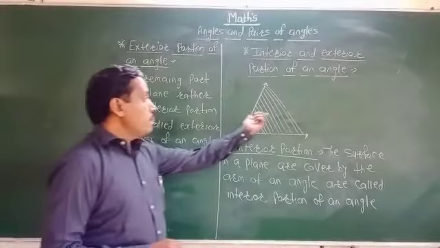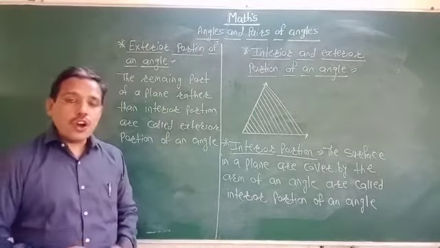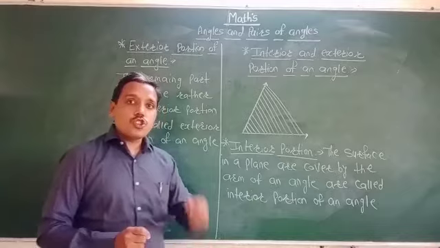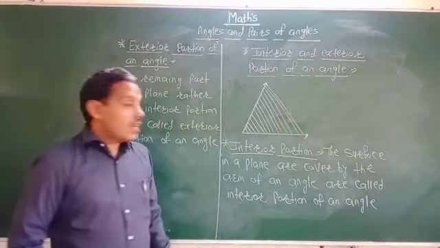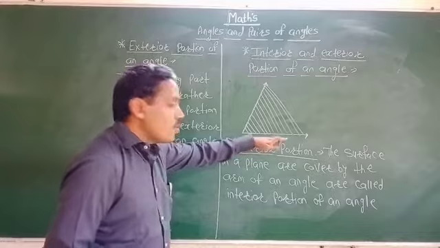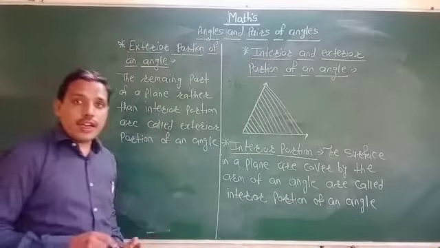So if some points are available in the interior portion, those points are called interior points of an angle, and if some points are outside that portion, those points are called exterior points of an angle.